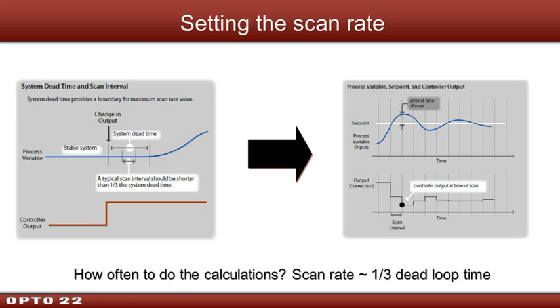So by putting the scan rate around 1/3 of the dead loop time, you're getting a good balance between doing it frequently enough to see any disturbances, but not so slow that you're going to miss some disturbances, and not hyper fast to the point where you might be picking up noise or seeing every little change. So that's why it's important to know your process and to calculate that dead loop time. It's the first thing we need to do: set the scan rate.